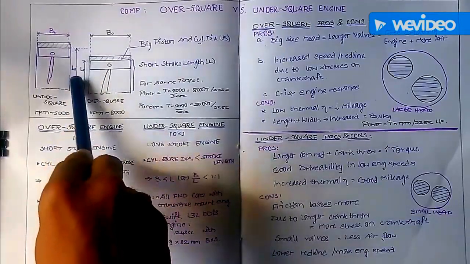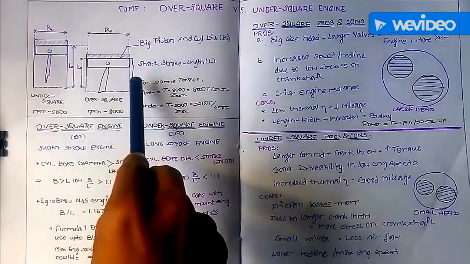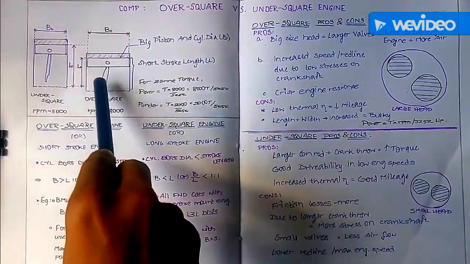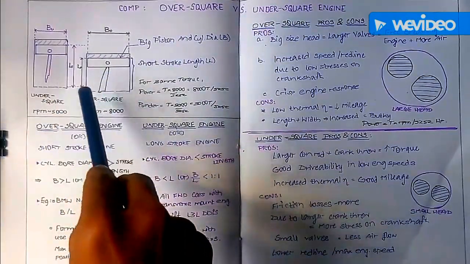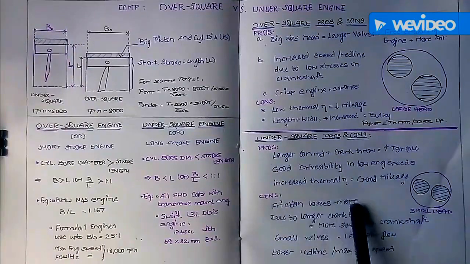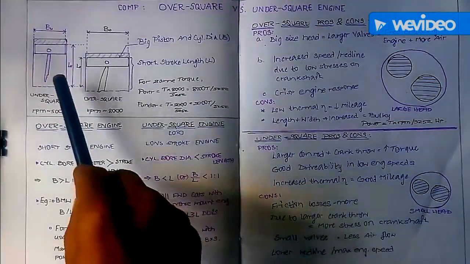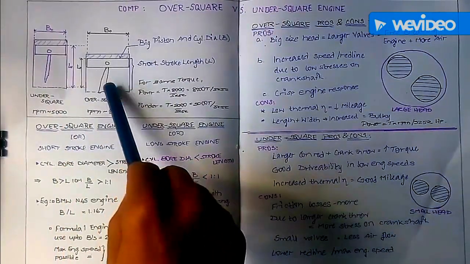When the piston moves down for one stroke, or for 1 rpm, let's say, this piston would travel a lesser distance than this one. That means it would have more wear than this one. That leads to friction losses. So for each rpm, the friction loss in an under square engine is quite more compared to an over square engine.